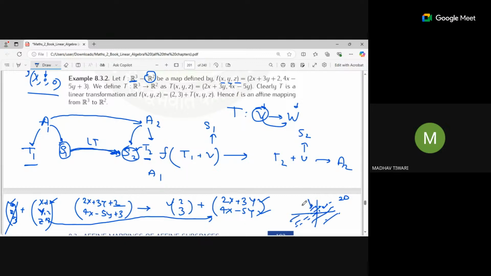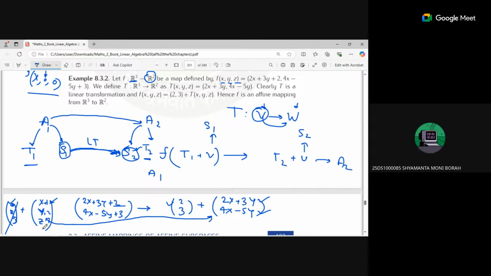Still it is covering the whole R2. Its translation cannot be observed. If it is a complete vector space, then there is no need for translation. You will always get this zero kind of thing. But if it is given some constant in these values, then do this. Then you can remove the vector.